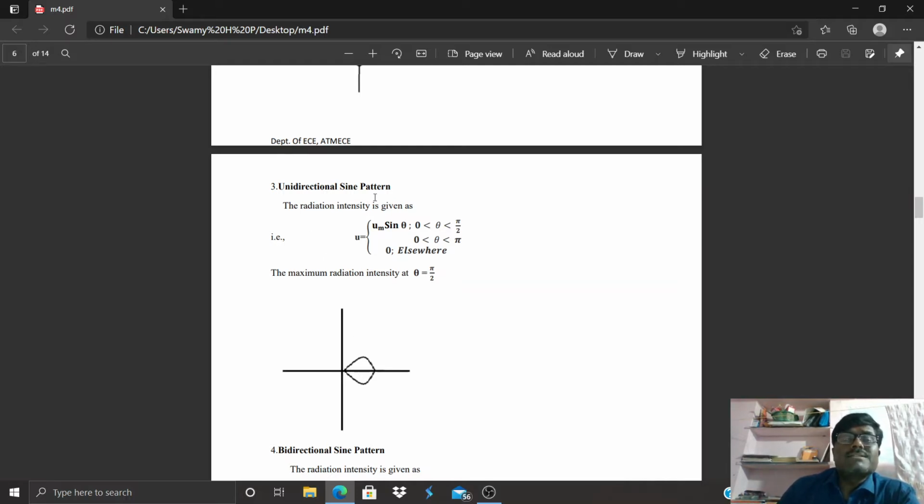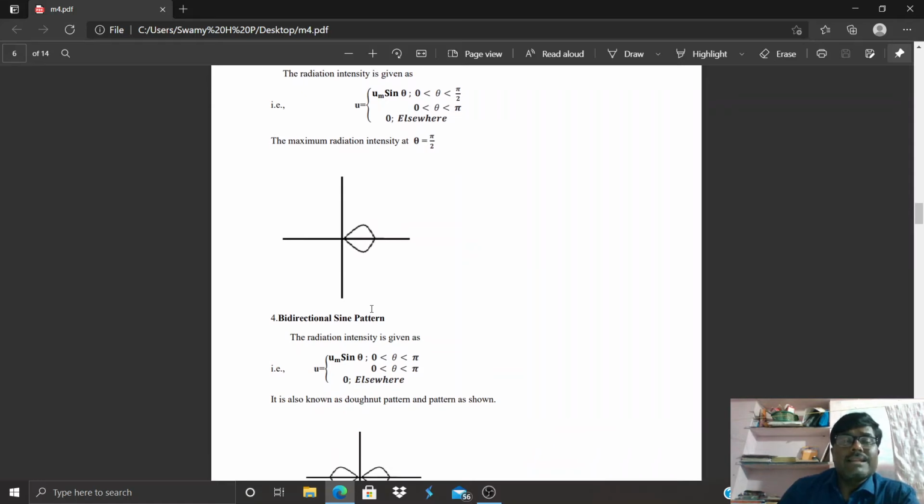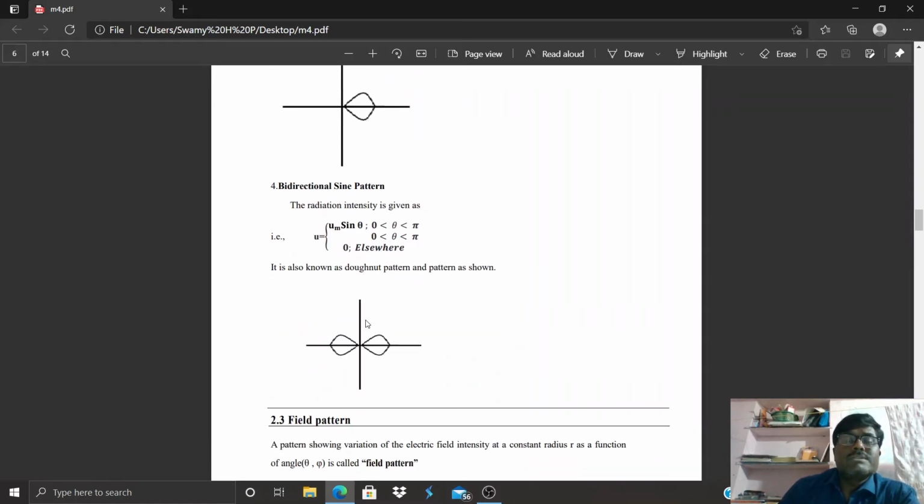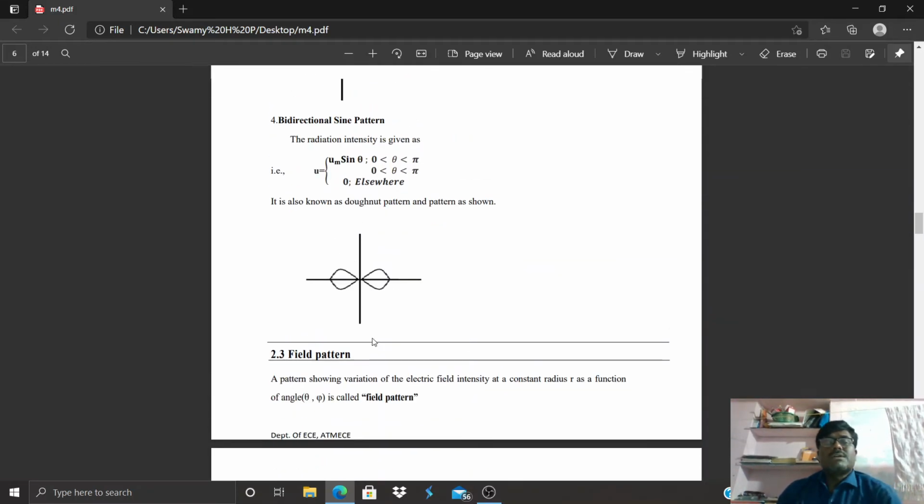So for the unidirectional sine pattern, the radiation intensity U is equal to Um sin θ, where θ is 0 to π/2, otherwise it will be 0. Similarly, for the bidirectional sine pattern, U is equal to Um sin θ, and the pattern is like this. These are the different types of field patterns.